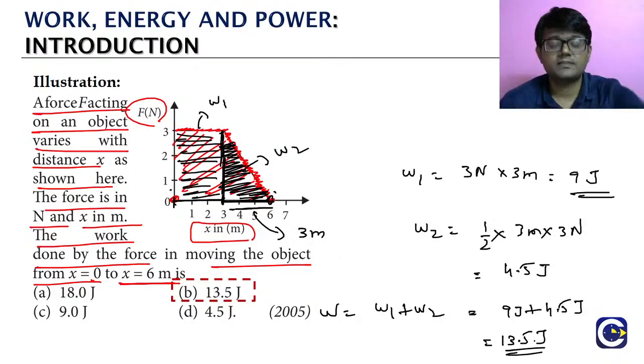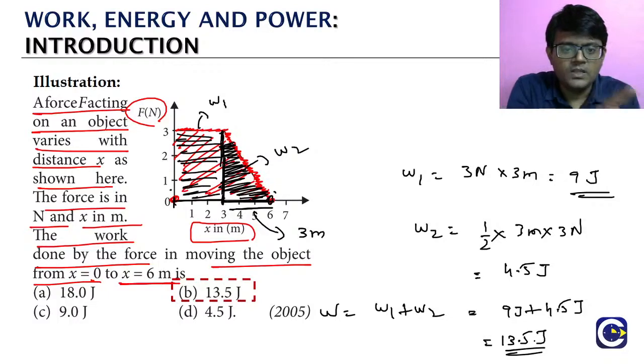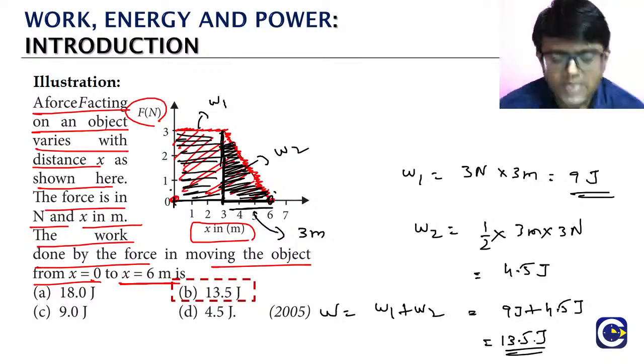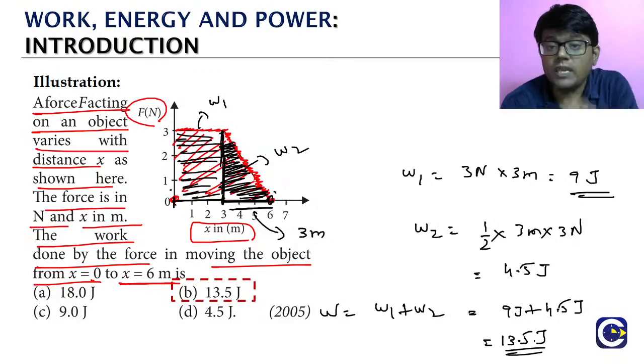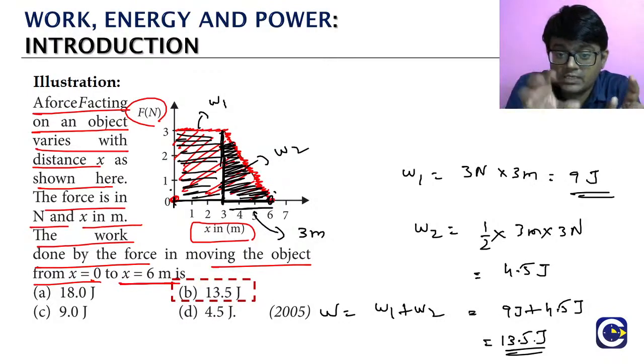Maybe if it's a little bit complicated question, we'll have complicated shapes, like we'll have some semicircular part, or a circular arc. So the geometry of the curve, they can make a little bit complicated. But whenever the curve is going below the x-axis, we have to be careful. That particular area, when we are taking it as a work, we should take it as what? Negative value.